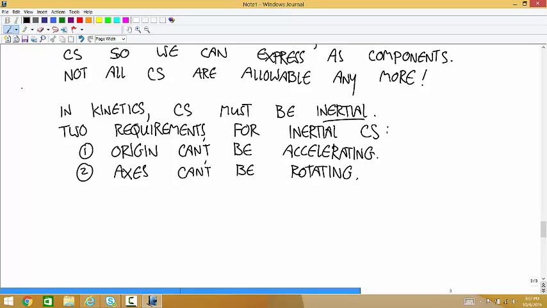Okay, so when you think of a coordinate system, think of a video camera. So think of a coordinate system as a video camera observing an object's motion.